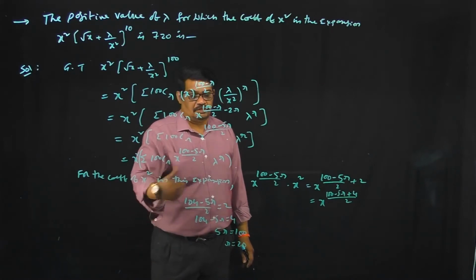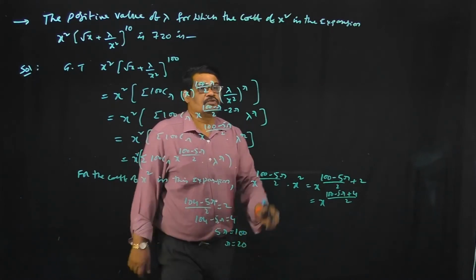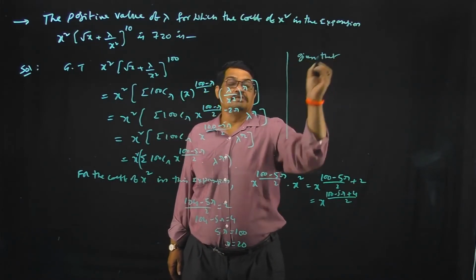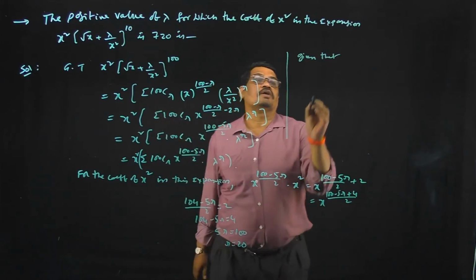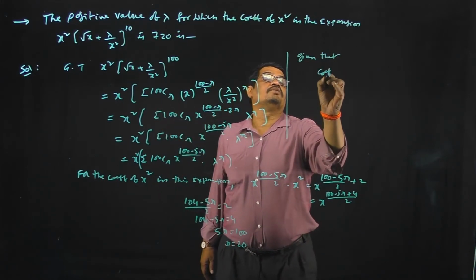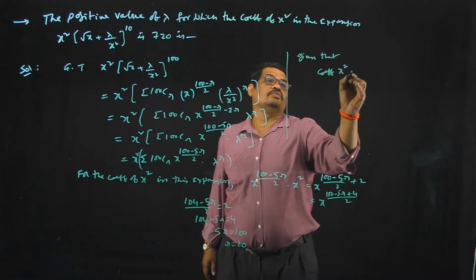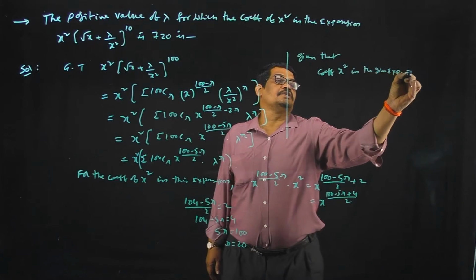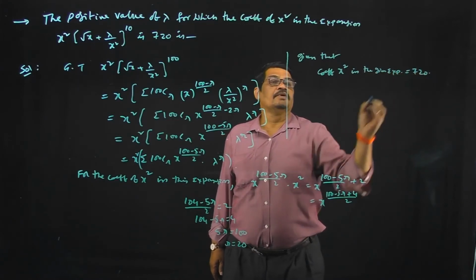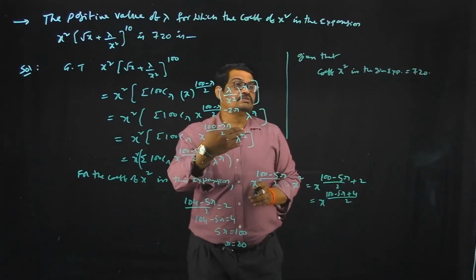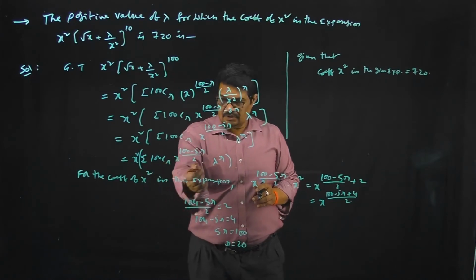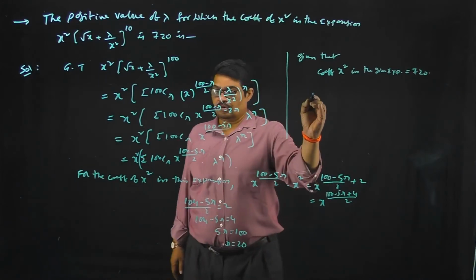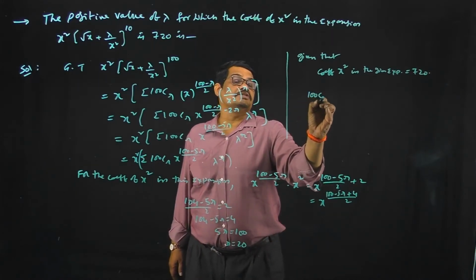Now, what is the coefficient here? Given that the coefficient of x to the power of 2 in the given expression is equal to 720. That is x to the power of 2 coefficient in this expansion for r is 20. Now we are writing the coefficient that is 100C20.